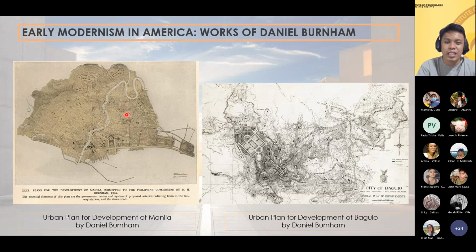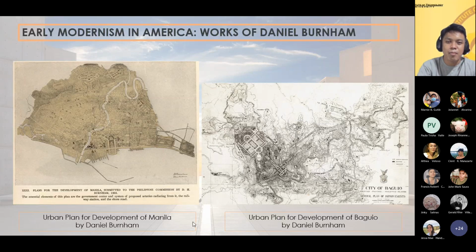If you go deeper later on in your urban planning subject, you will realize why it did not continue, and what the advantages would have been if these projects of Daniel Burnham had continued. So Baguio and Manila were his urban plans.